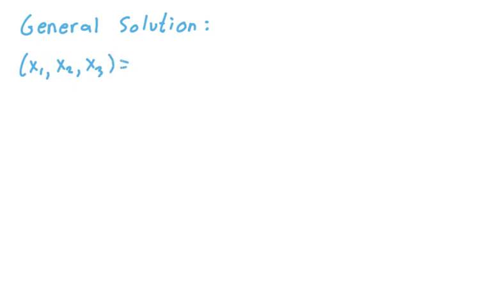And there's a couple ways you can write this, but for starters, I'm going to write this as negative 3/7 t minus 1/7, right? That's my x1. My x2 is negative 4/7 t plus 1/7. And then my x3 is t.